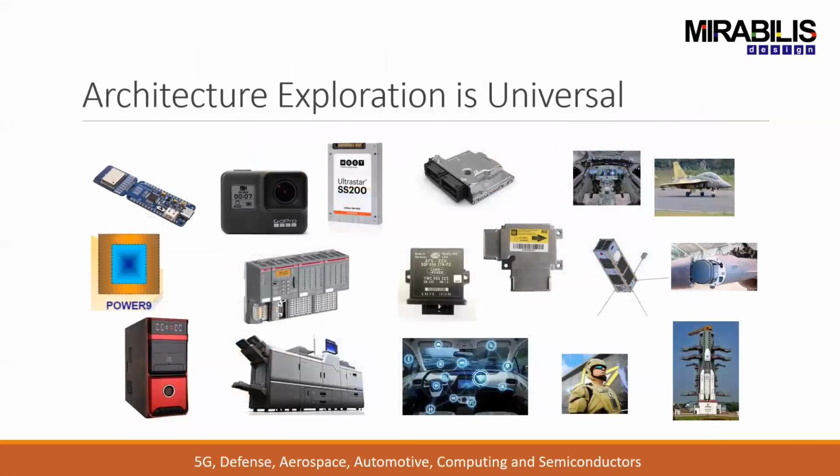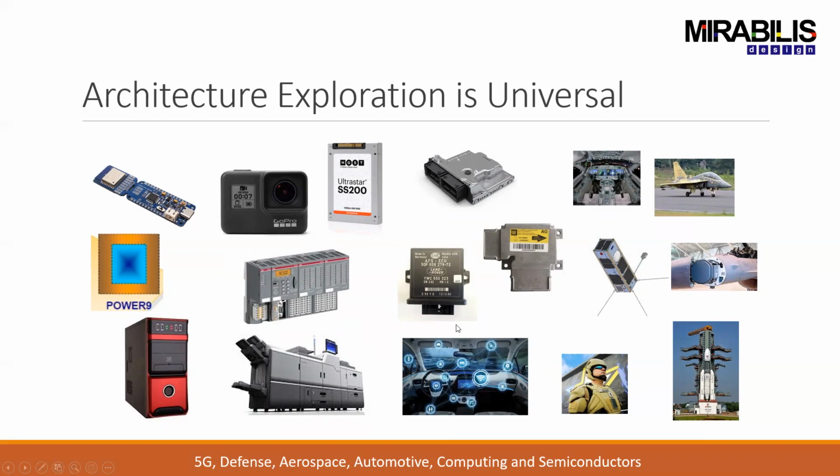Now, architecture exploration can be used across every application space. You can do it for a car network, you can do it for a rocket, you can do it for a semiconductor component like a Power 10 or Power 9 processor. You can do it for, in this case, it's a SSD drive, to a hard drive, to a camera, to flight avionics.